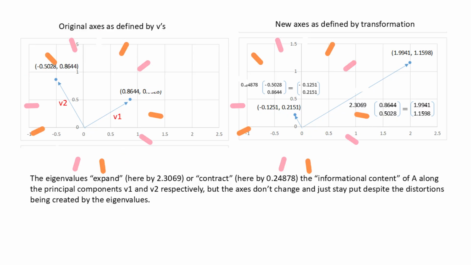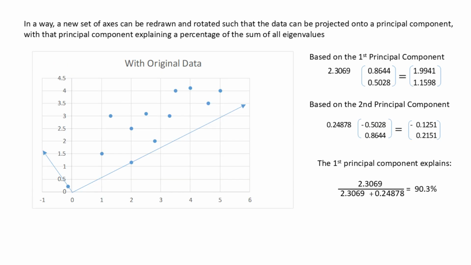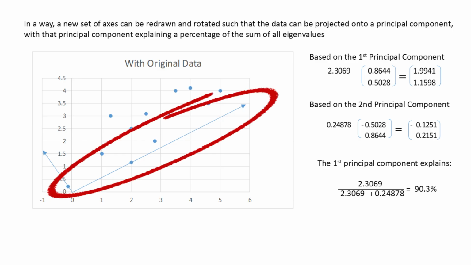But the axes don't change and just stay put despite the distortions being created by the eigenvalues. In a way, a new set of axes relative to the axis of the original data can be redrawn by rotation such that the data can be projected onto a principal component, with that principal component explaining a percentage of the sum of all eigenvalues.